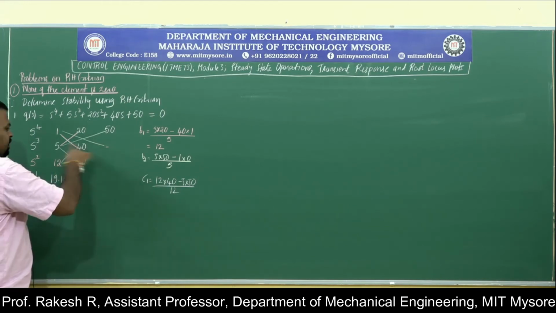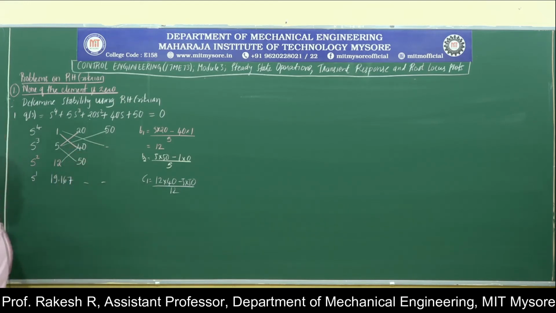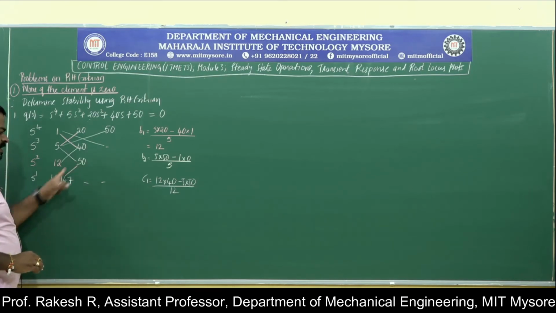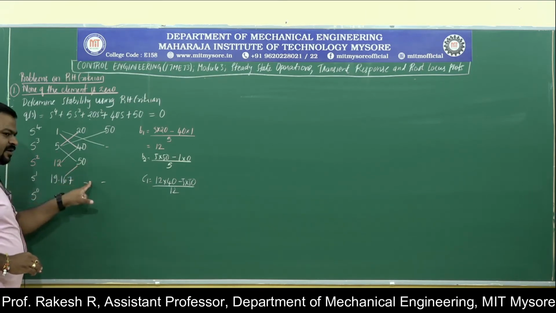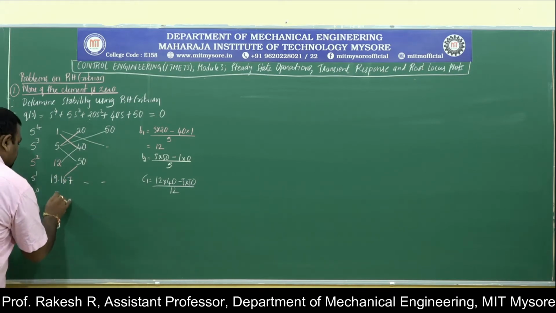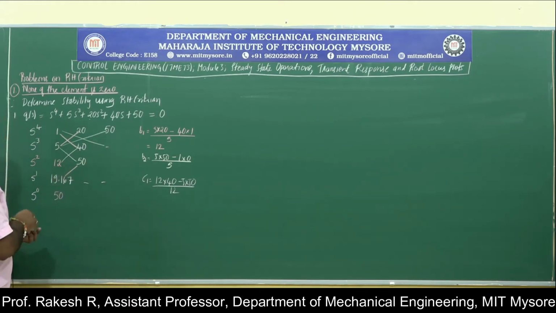Then this term is 0, leave that. Then s to the power of 0 is 19.167 into 50 minus 0 divided by 19.167, you will be left out with 50.